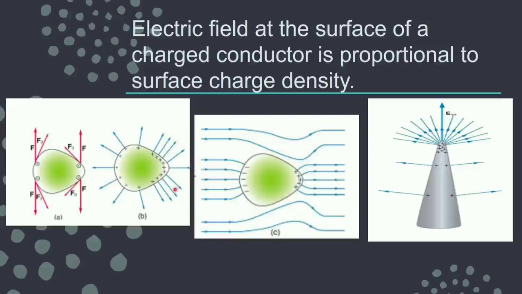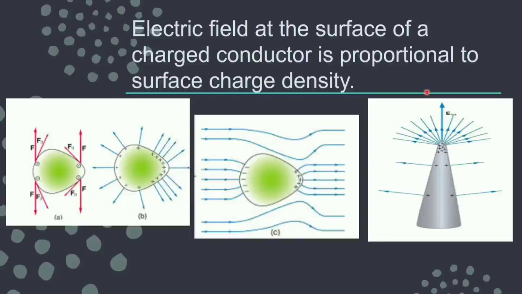So the closer they are, the stronger the field is. The field is getting deviated here because of the pointed nature, because the point here is that electric field is directly proportional to the surface charge density.